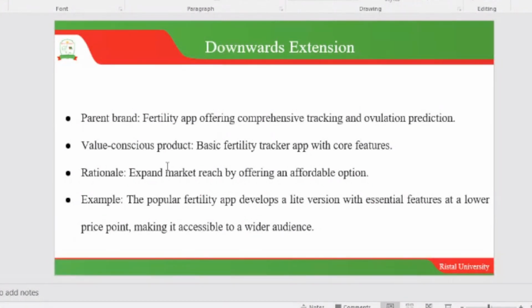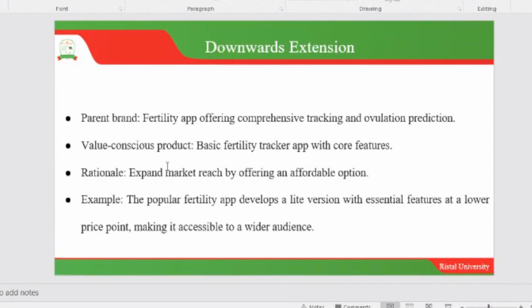Of course, this is value conscious because you're not also going to, as a service provider, go so deep and lower your product value. So you will offer them a basic fertility tracker app with just core features that they can use.